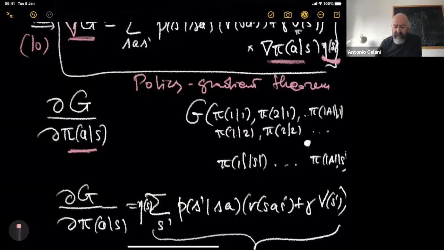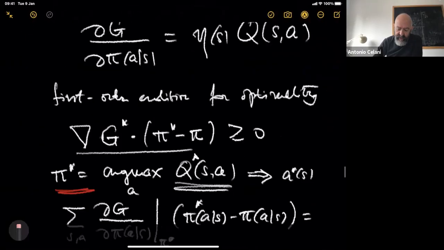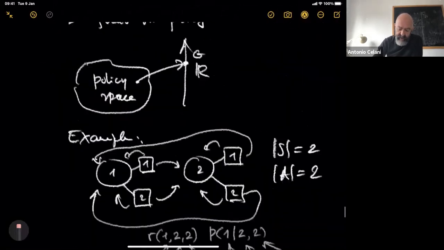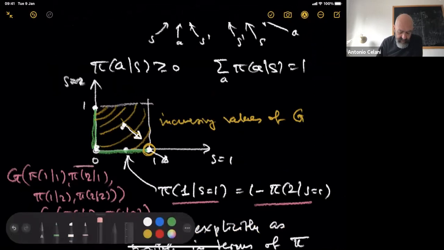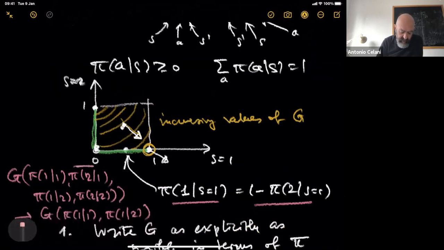So, like I said, in our example, let me expand a little bit on that. We are finding out how to compute this vector. This is my grad G. And as you can imagine, depending on where I am in the square, it is going to be a different vector.